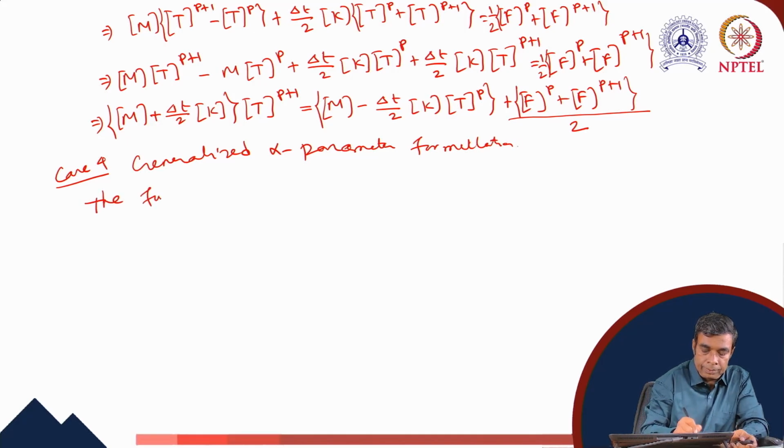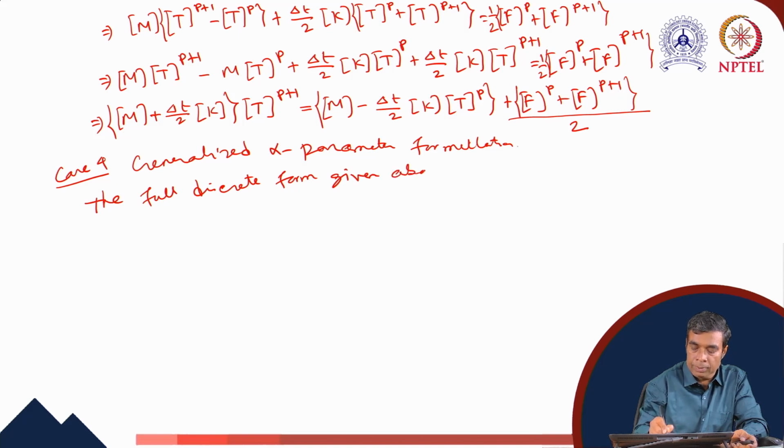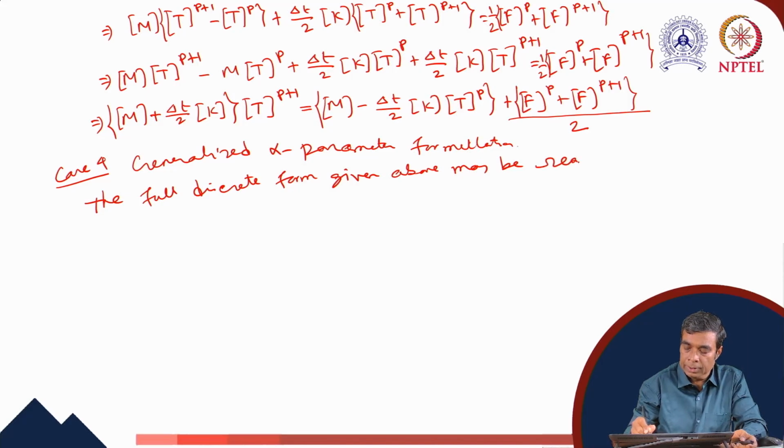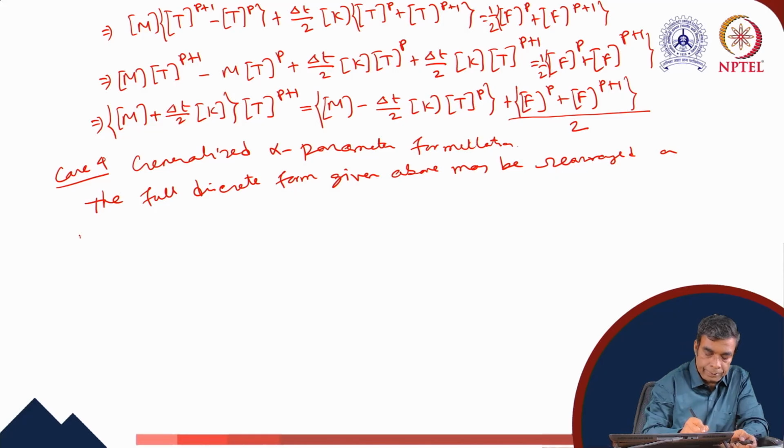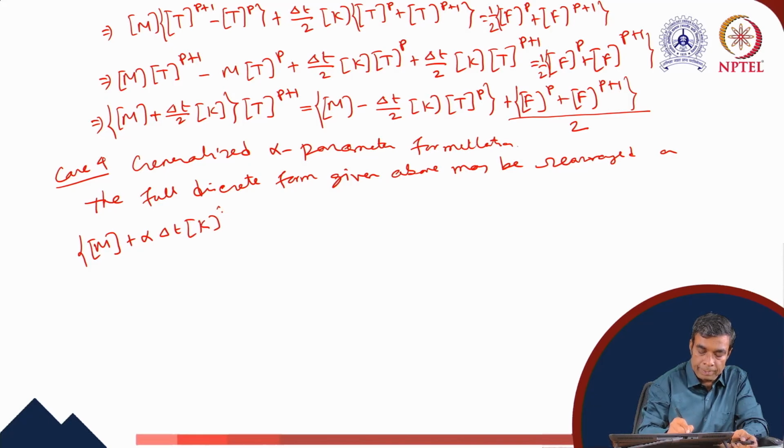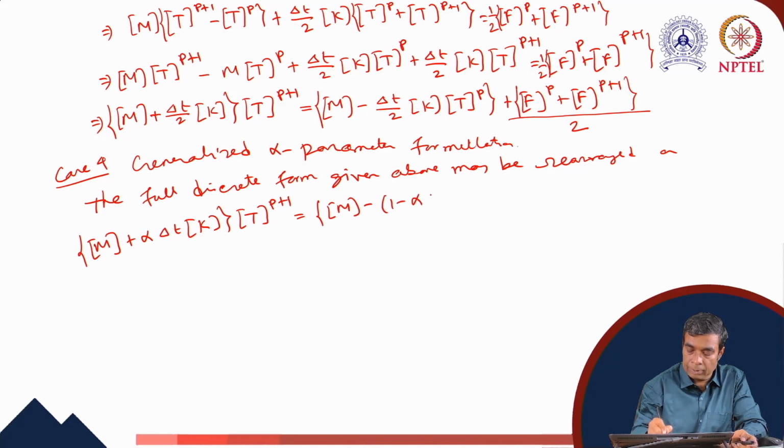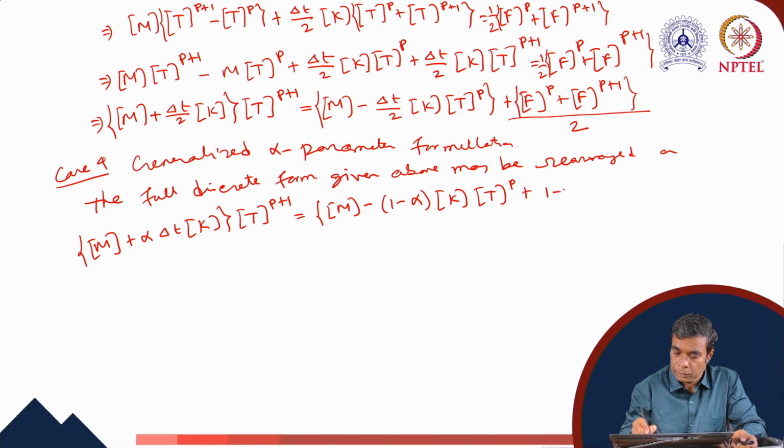The full discrete form given above may be rearranged as mass matrix plus alpha delta T into stiffness matrix, temperature at unknown level equals mass matrix minus 1 minus alpha into stiffness matrix into known temperature plus 1 minus alpha into load vector at the pth level plus alpha into load vector at the p plus 1th level.